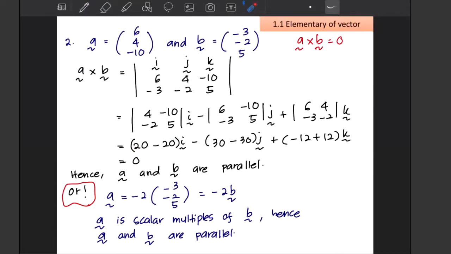Or you can compare the components, like example 1. I can see that vector A here is a scalar multiple of B. If you multiply B with negative 2, we will get A. Okay, so A and B are parallel. Okay, so that's all for today.